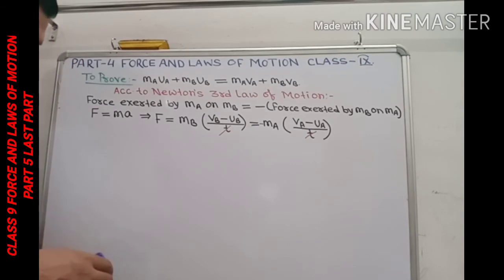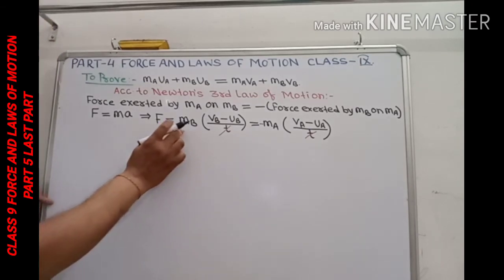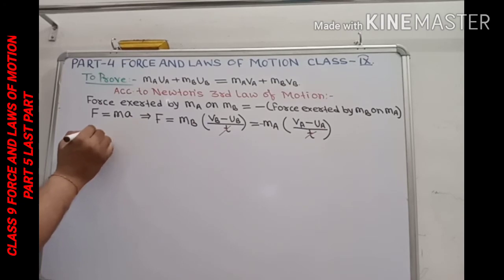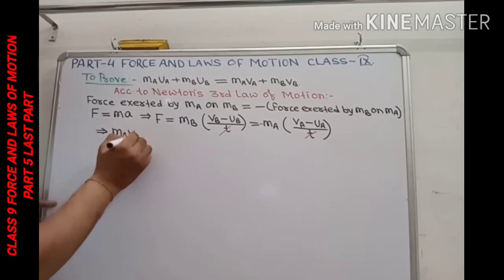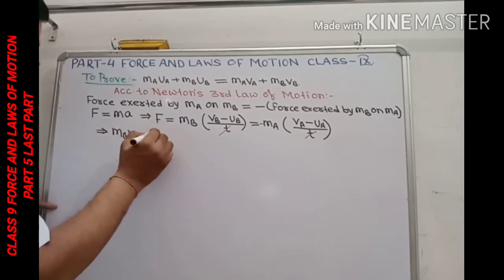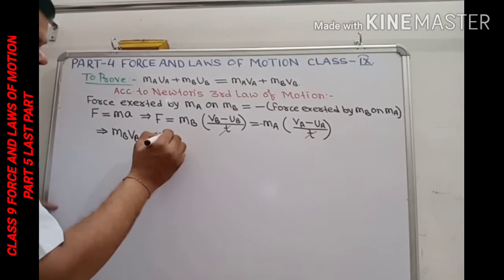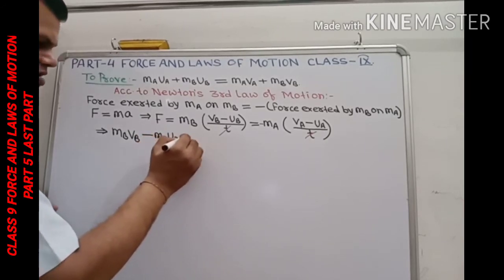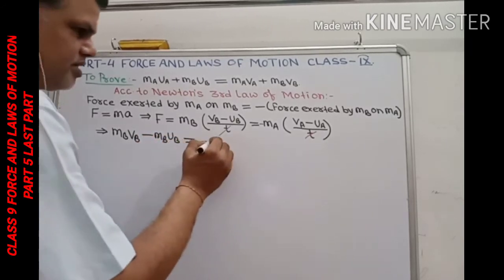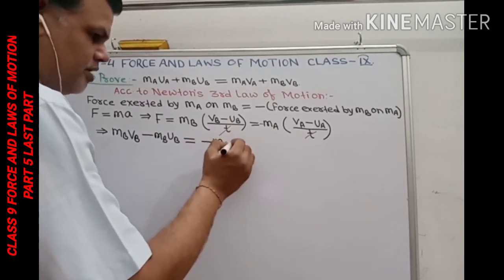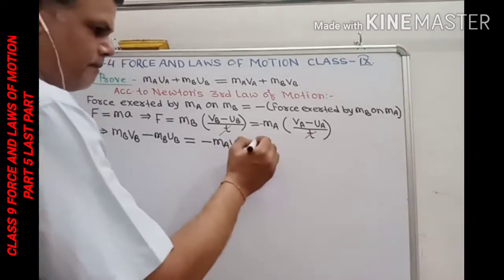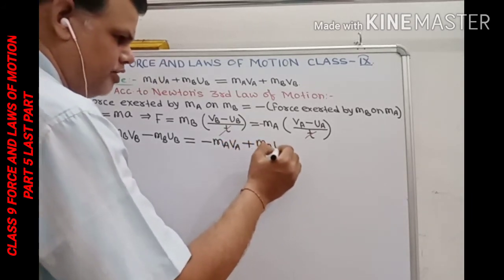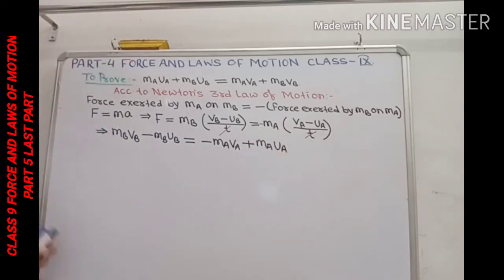Now we can write MB multiplied by VB minus MB multiplied by UB is equal to minus MA multiplied by VA, and minus minus gives plus MA UA.